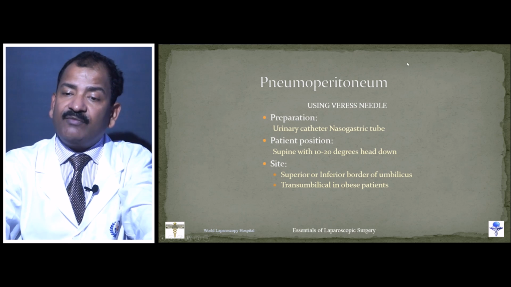And then there are 5 sites of access. When you want to do the access, there are 5 possible sites. What are those sites? I am going to discuss. The first site used for access is supraumbilical. Let us take an example.